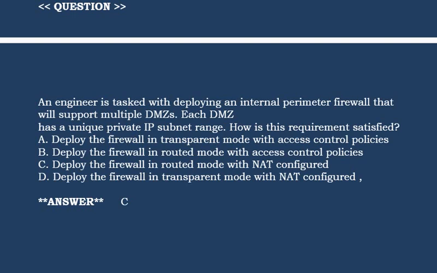Option B. Deploy the firewall in routed mode with access control policies. Option C. Deploy the firewall in routed mode with NAT configured. Option D. Deploy the firewall in transparent mode with NAT configured. Correct answer is option C.